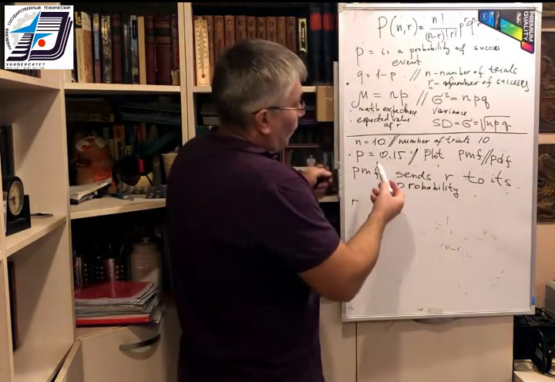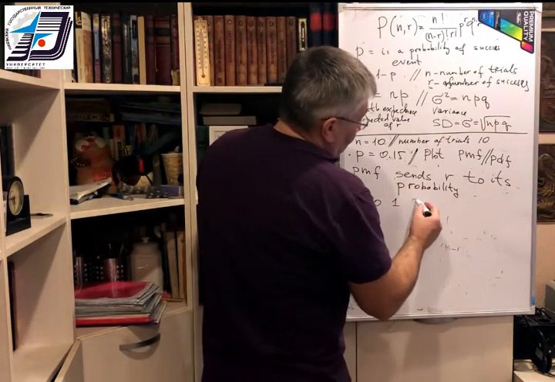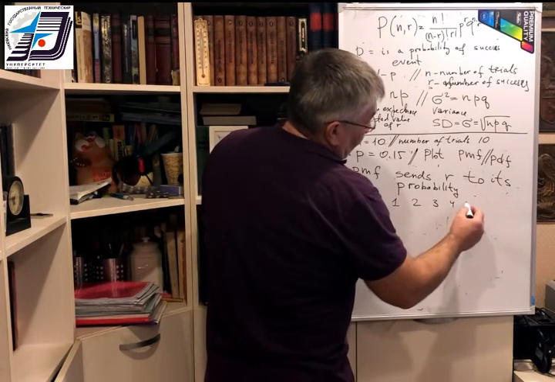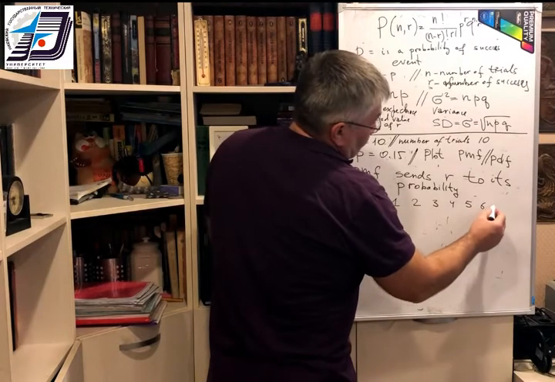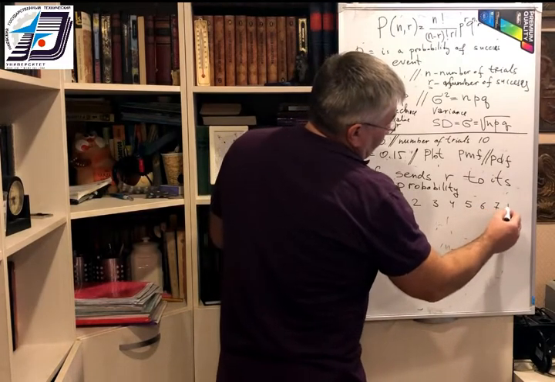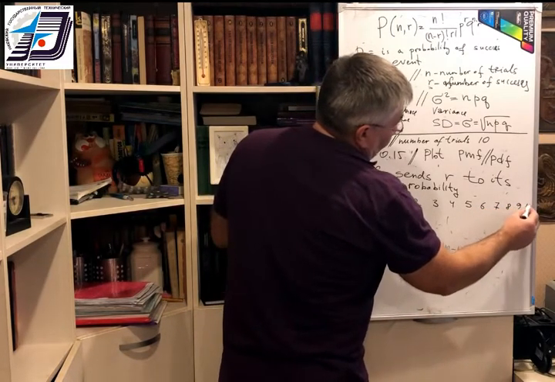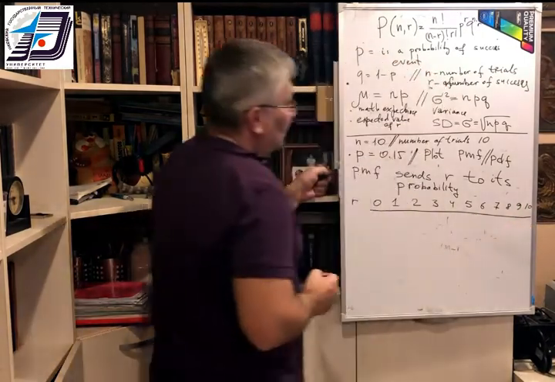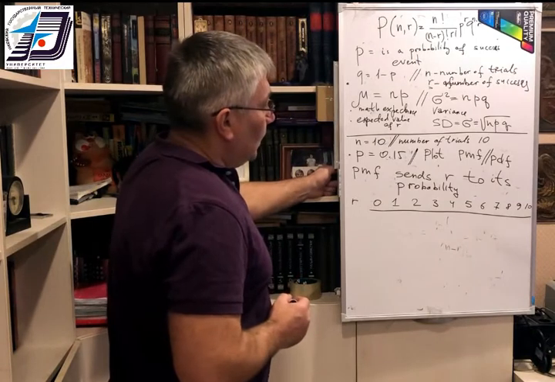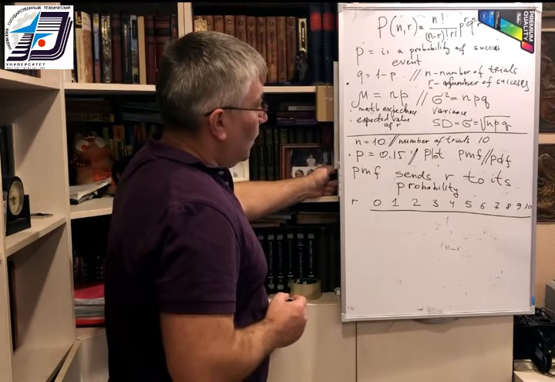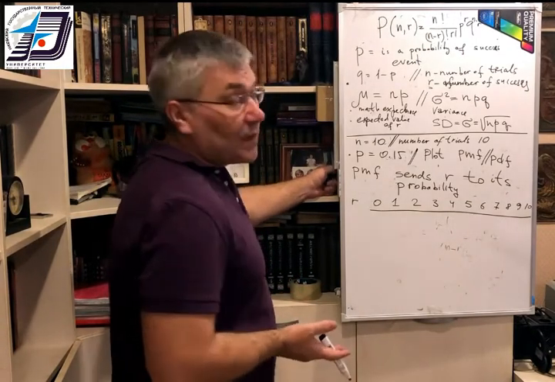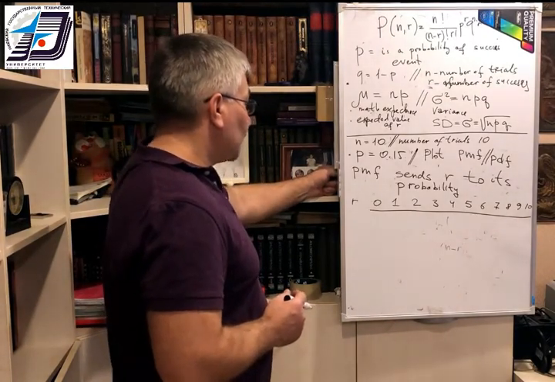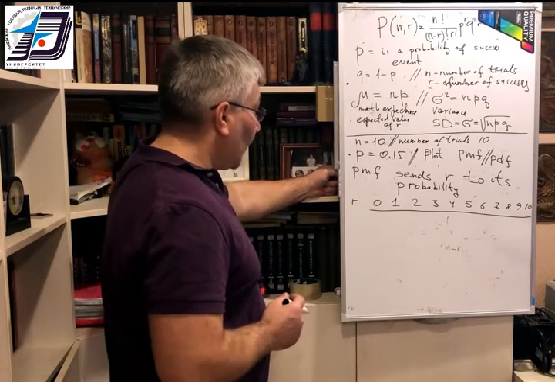So the same thing is about an unfair coin. R can be 0, 1, 2, 3, 4, 5, 6, 7, 8, 9, 10. So we have 11 possible results of our trial.